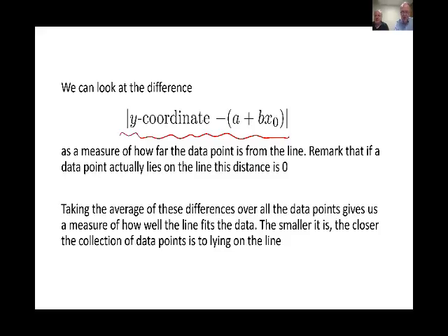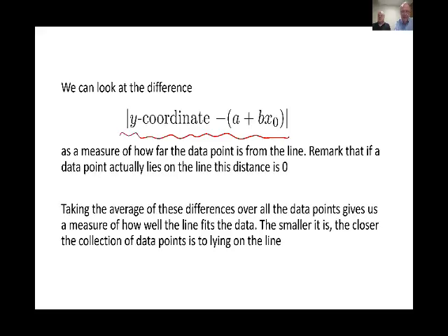You see, the smaller this number is, the better, the closer the data points are to actually lying on the line. So one can use this. I take here the absolute value. So the absolute value of this difference is actually the distance between the y-coordinates.